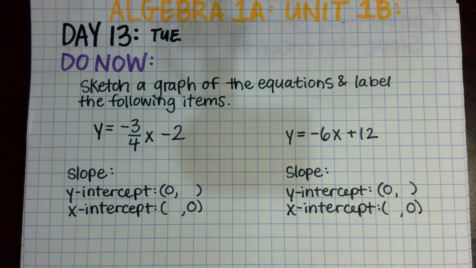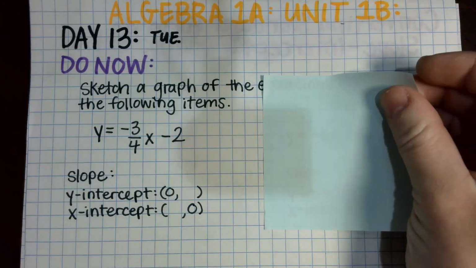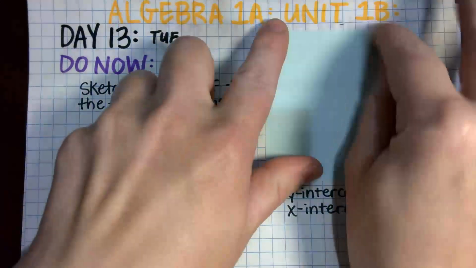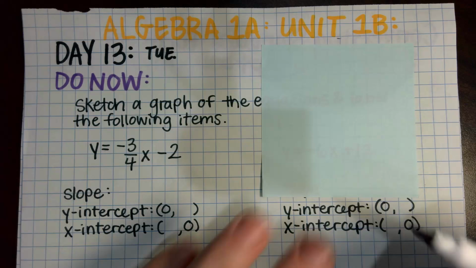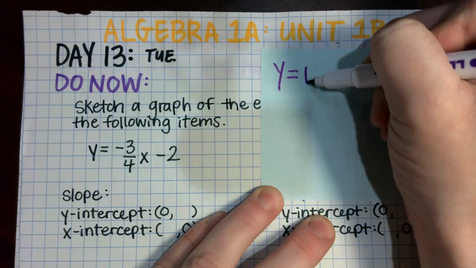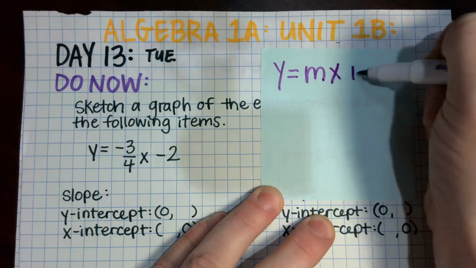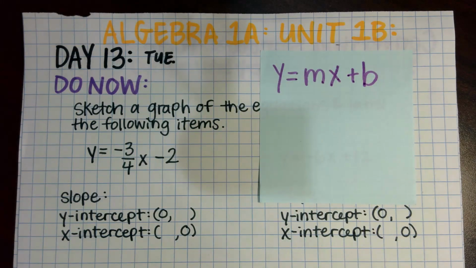So as a refresher from yesterday, and I'm going to write this on a sticky note just because it's not necessarily part of today's notes. Just want to remind everyone that whenever we look at an equation in slope-intercept form, this is the layout: y equals mx plus b.